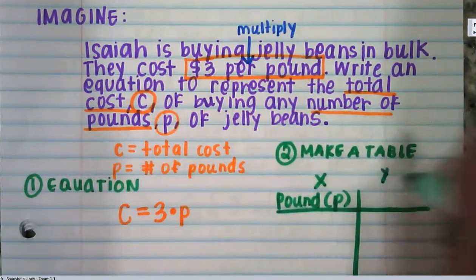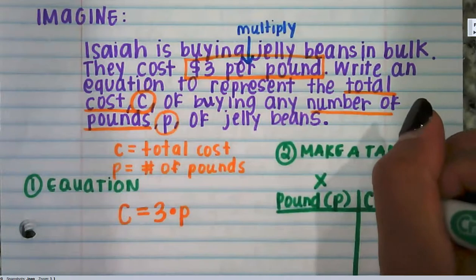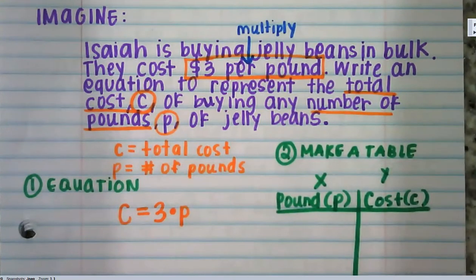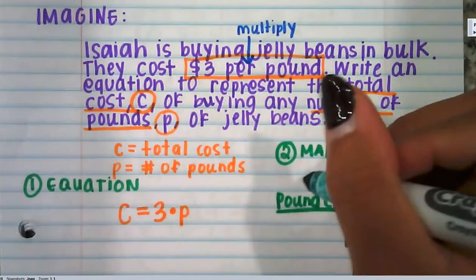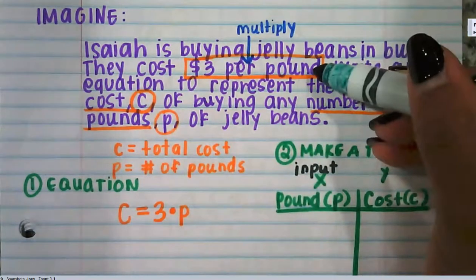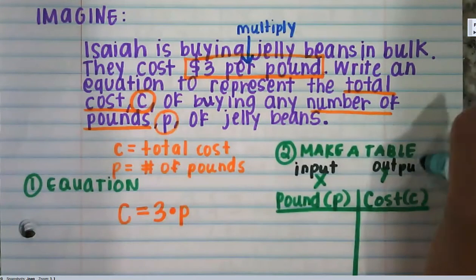And then our pretend Y value is actually C for the cost. So once again, here's our input, the number of pounds we buy, and our output, the total cost it will be.